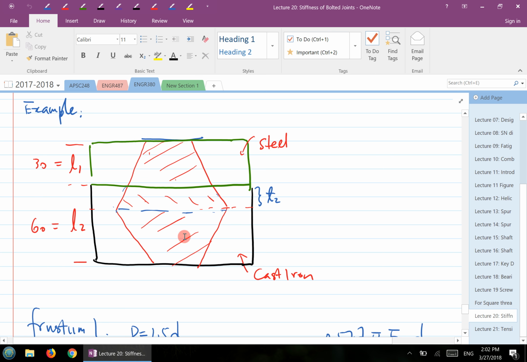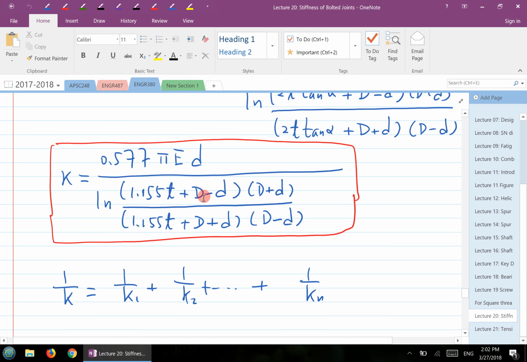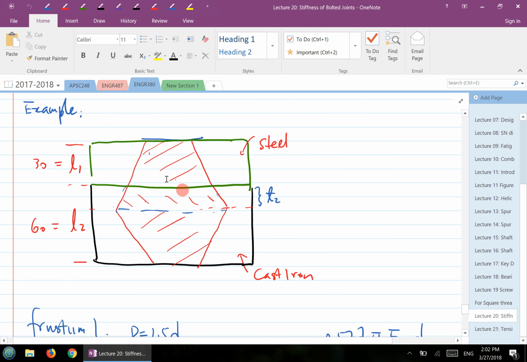Okay, so once you put them into appropriate frustums, there are many layers of trapezoid. Then for each layer of trapezoid, the frustum, the stiffness of that layer should be calculated using this formula right here. So for this one, there are only two members, one is steel, one is cast iron.